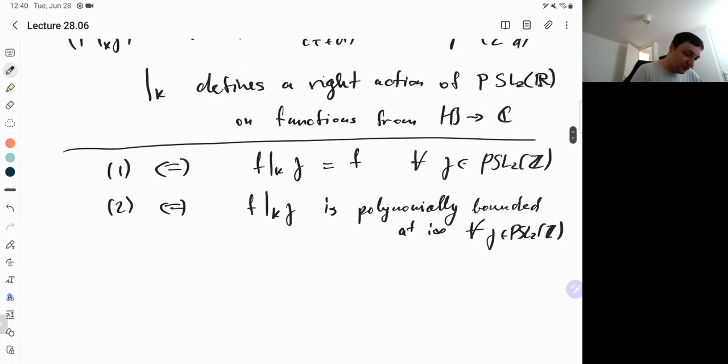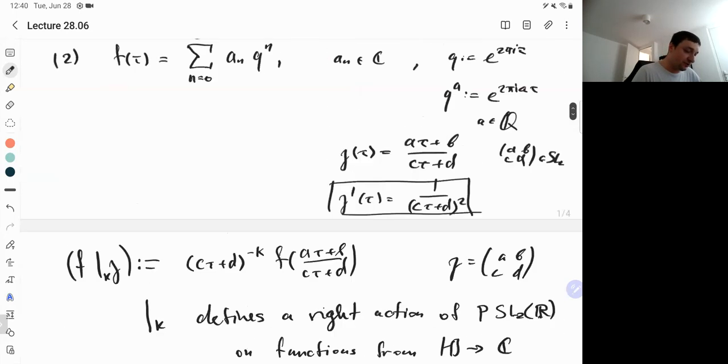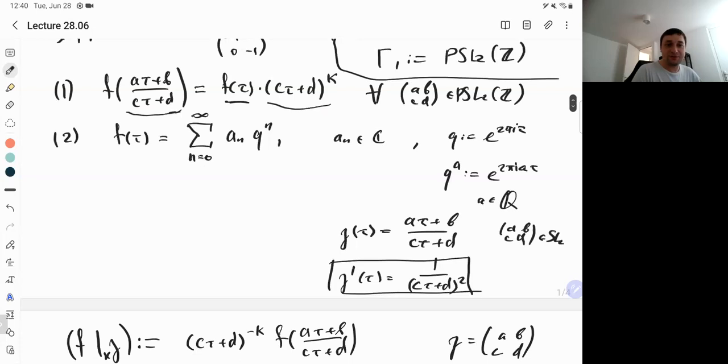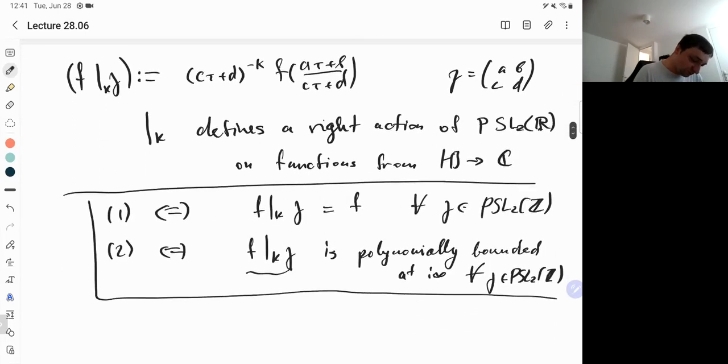And you may think, if you know 1, why would I write it this way? But the reason is that there is a definition of modular forms for a subgroup of finite index in PSL2Z, and then this condition is more natural than forcing this Fourier expansion at every cusp. I haven't said what the cusps are, but this Fourier condition is a bit harder to generalize directly, though this can also be done.